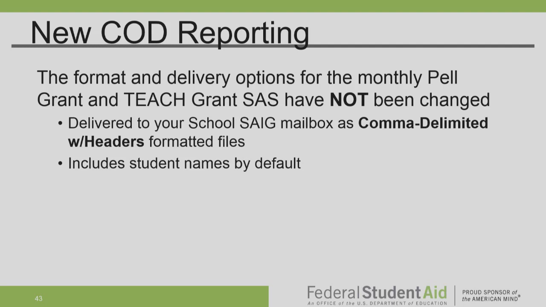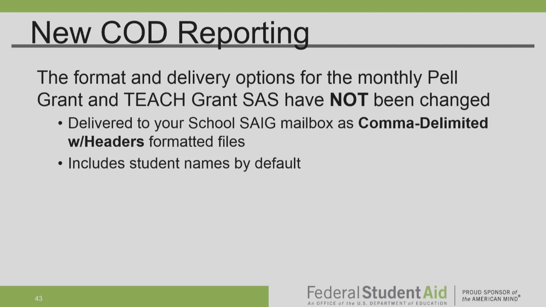Now, one thing about the Teach Grant and Pell is we didn't modify them or enhance them. They've always come down in comma delimited with headers format to make them easy to bring down into an Excel type spreadsheet from the word get-go, right?